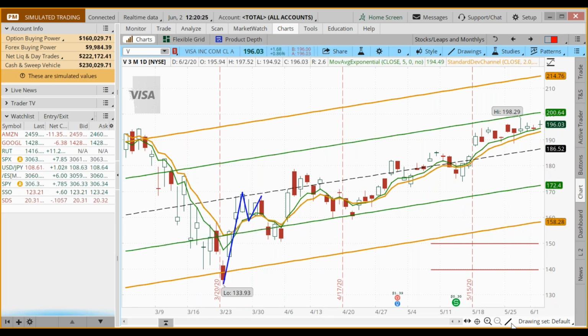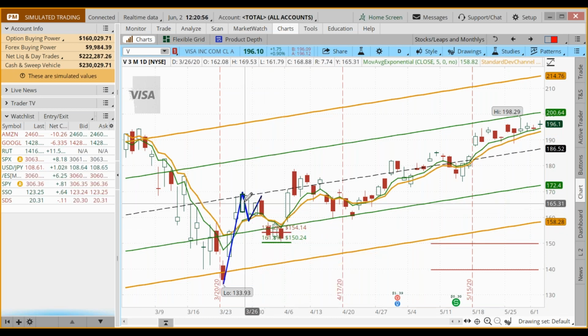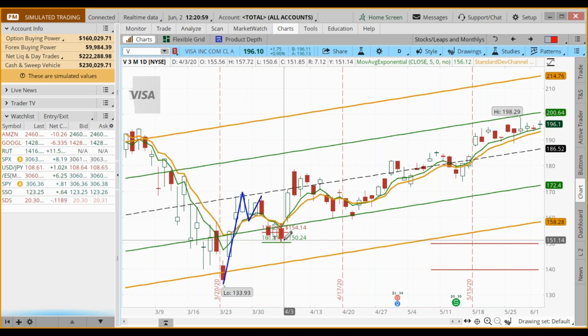I can come over here and put in Fibonacci extensions by going from here to here and then dragging back up. And look at that, that's within a tick of the 161. Before you could even get in on that measured move, it was down to the 127. It came to the 161 and halted. I would not have traded that at all because it's too late.